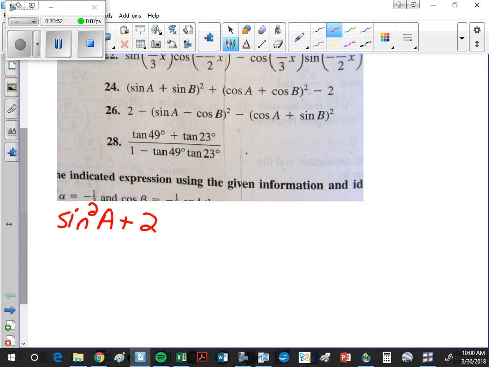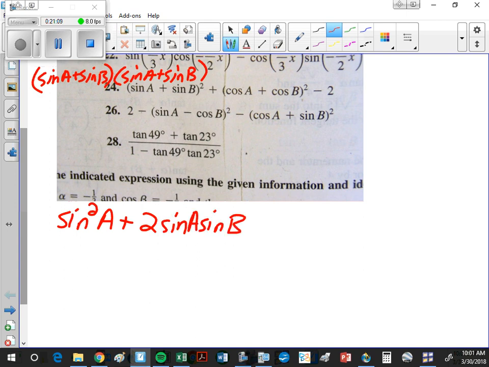So I'm doing sine A plus sine B times sine A plus sine B. So sine squared of A plus 2 copies of sine A sine B plus sine squared of B. We put the squareds in front of the letters because it eliminates problems.